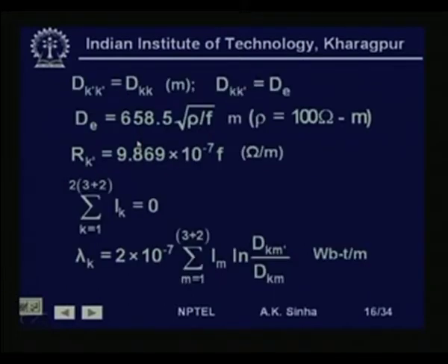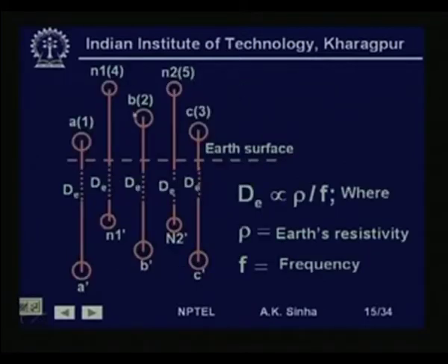So, now we can see that for any conductor k, we have the ground conductor k dash. The distance of the conductor to itself, d_kk, is the same as the GMR of that conductor, and the distance d_kk' from conductor k to k dash is dE.